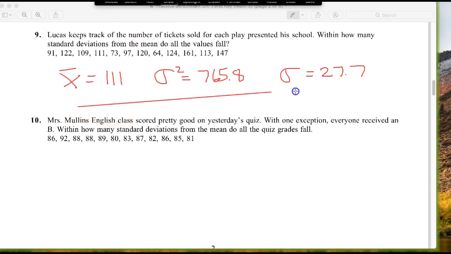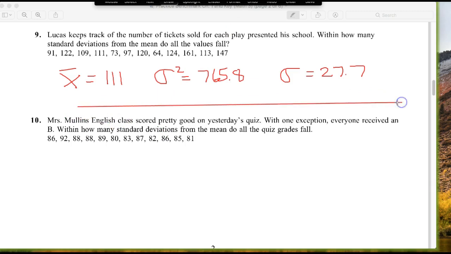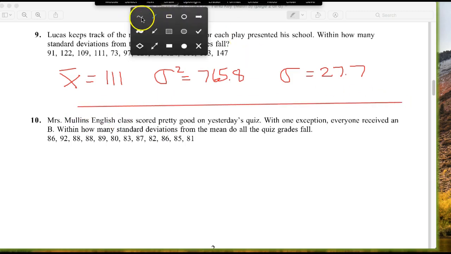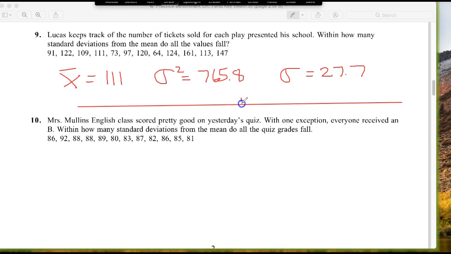I want to know within how many standard deviations from the mean do all the values fall. So let's look. My mean is 111 and my standard deviation is 27.7, so I'm going to take 111 and add 27.7, and that gives me the next standard deviation, 138.7.